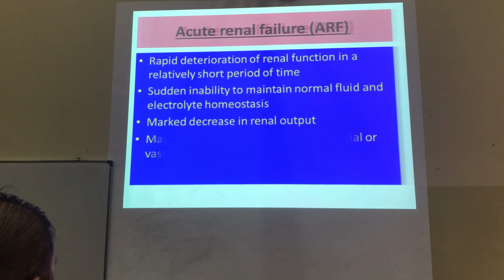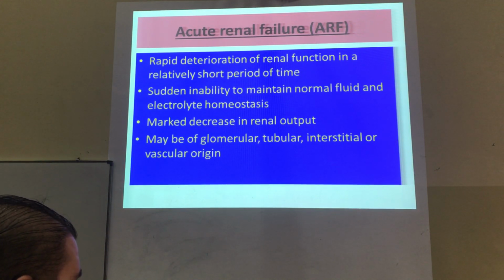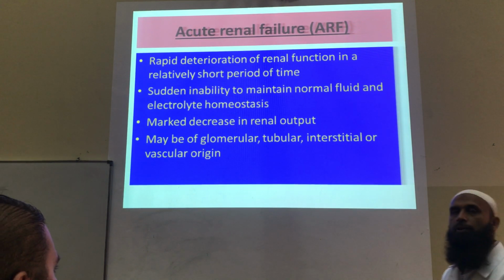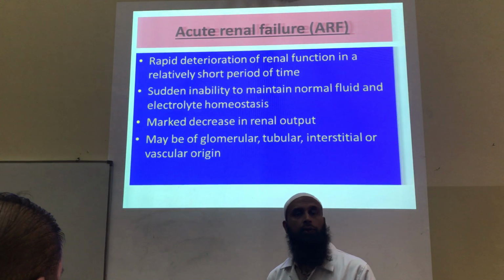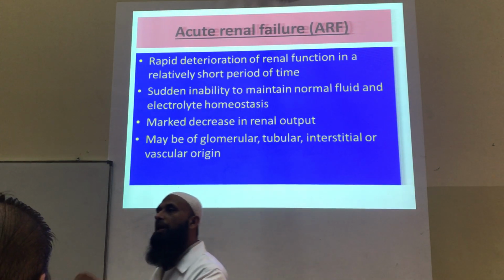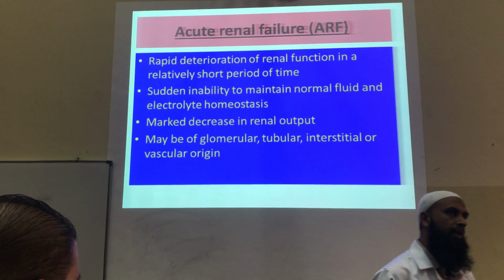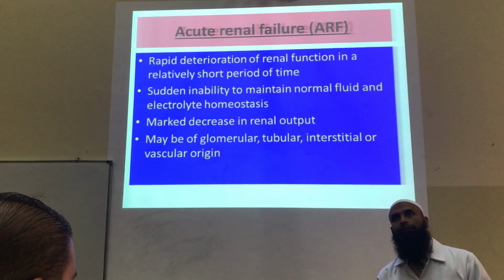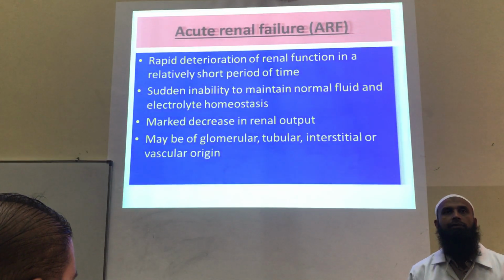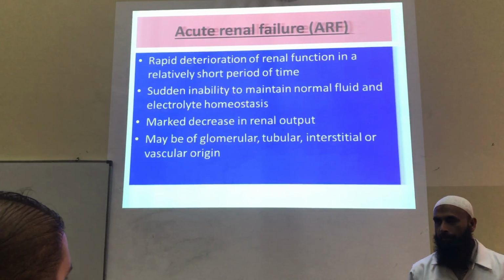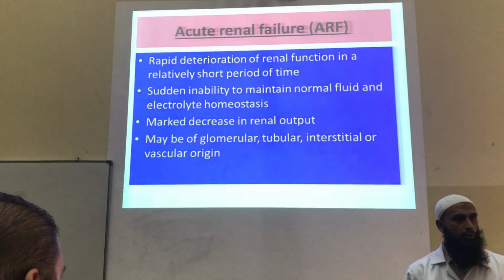It is a marked decrease in renal output. So you can easily judge that a person is going into acute renal failure, acute renal shutdown, by measuring or having an idea of the urine output. There is no renal failure in which a person is having excessive urine output and is going to fail.